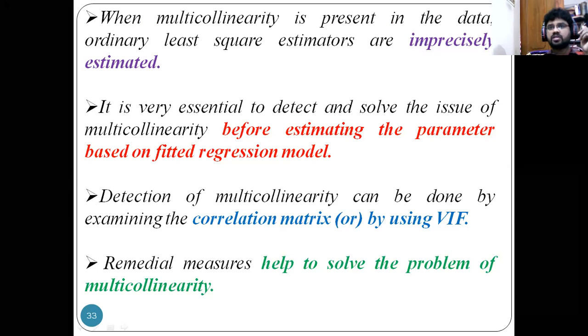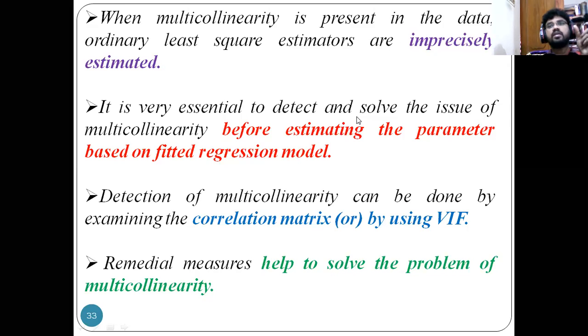So it is very essential to detect and solve the issue of multicollinearity. We need to know how much multicollinearity there is, and on the basis of that value we can solve the issue. For example, a doctor checks how much you are suffering. If the fever is above a certain level, they take a blood sample, test it, and on the basis of the test values give you medicines.